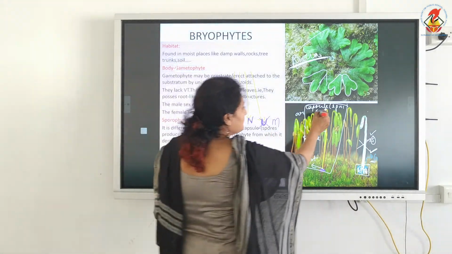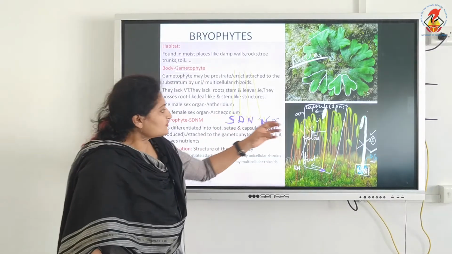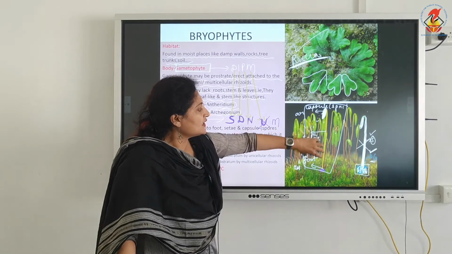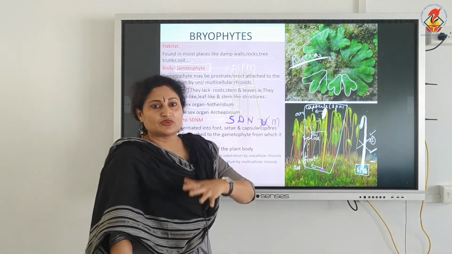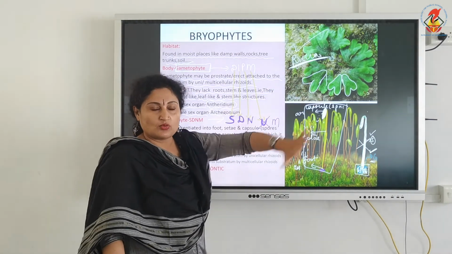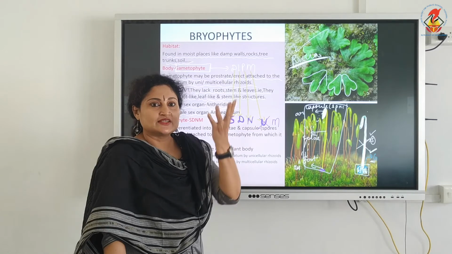There's a cup-like structure, the capsule, which contains the spores. The capsule will rupture and release the spores, which fall on the substratum, and when they fall on the substratum they give rise to the gametophyte. That's how it's alternating. So it is from the spores of the sporophyte that the gametophyte arises. Then the gametophyte spreads over the wall, and then again during June, July the gametophyte gives rise to the sporophyte.